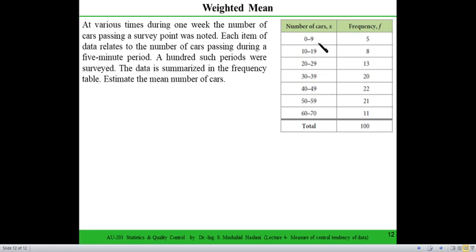So 0 to 9 cars passed 5 times in your observations. 10 to 19 cars passed 8 times, and 20 to 29 cars passed 13 times. So you just group that data, and what you need is the average number of cars, the mean number of cars that have passed. That is something we have to work out.